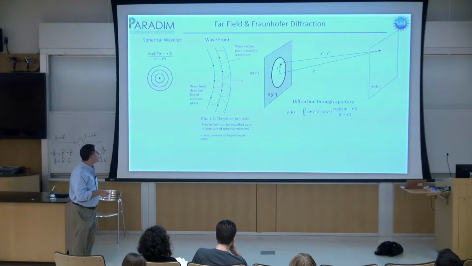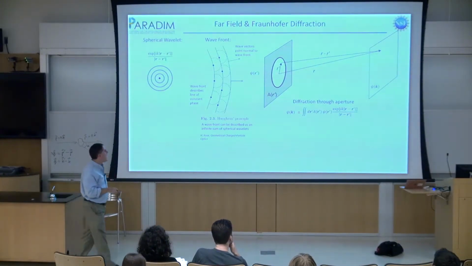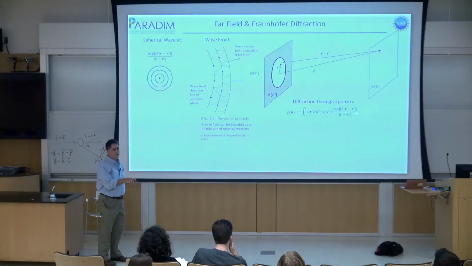This is a convolution of my initial wave function, whatever it may be, with some function that's describing the scattering at every point in the object. In this case, it's 0 out there and 1 everywhere in that region. And at every point in that object, I produce an outgoing spherical wave.